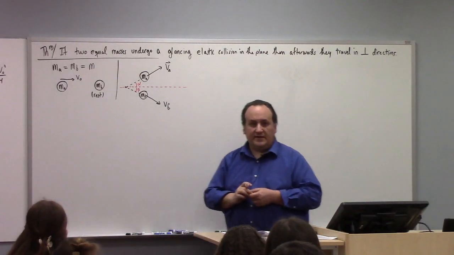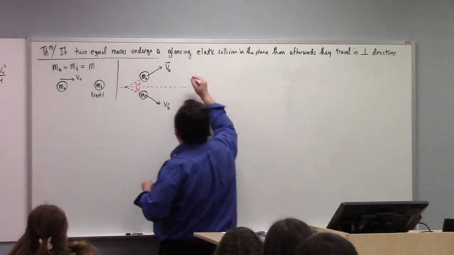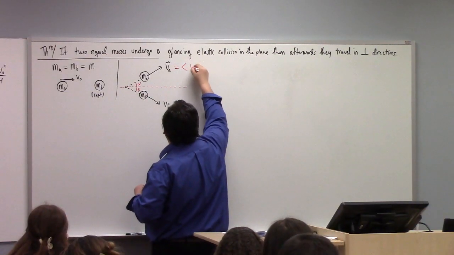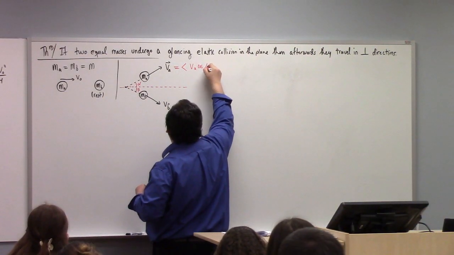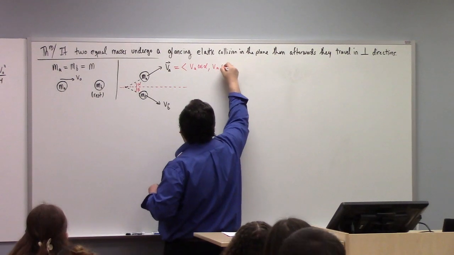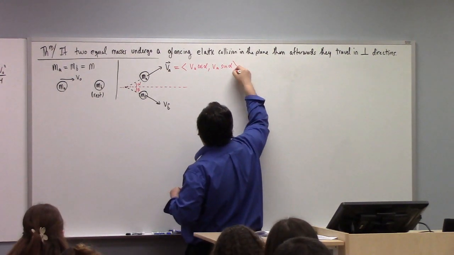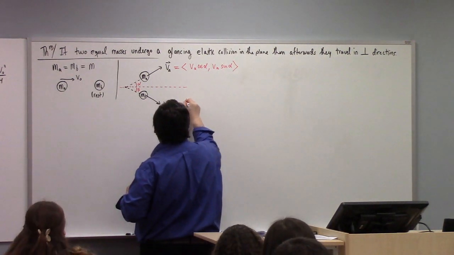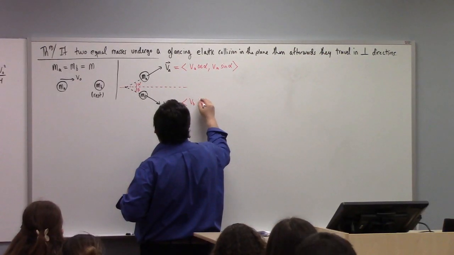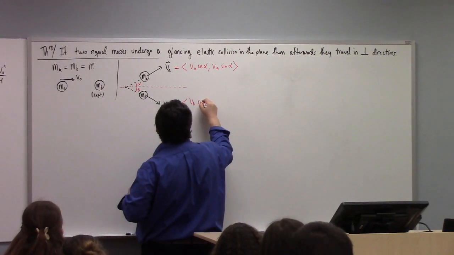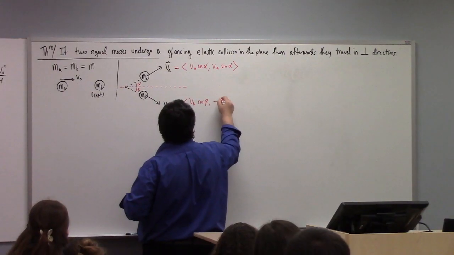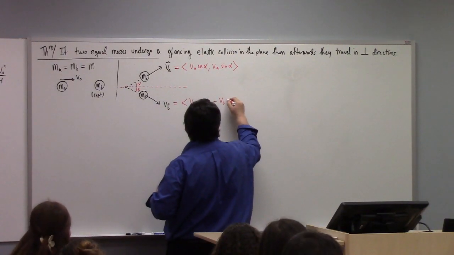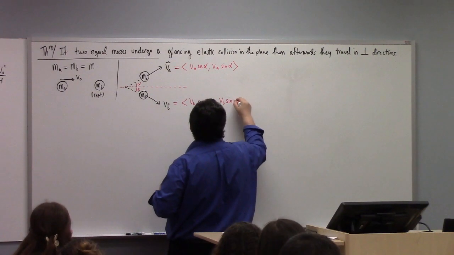If I do that, then VA is going to be (VA cos alpha, VA sine alpha), and VB is going to be (the speed of B times cosine beta, minus the speed of B times the sine of beta).